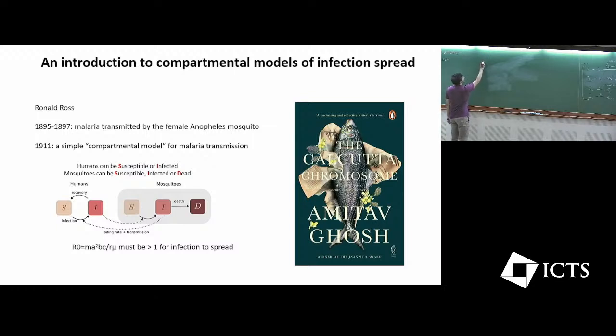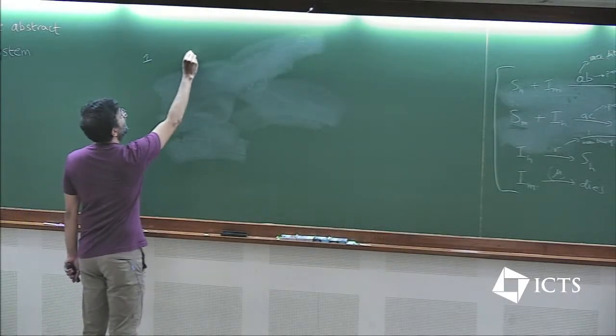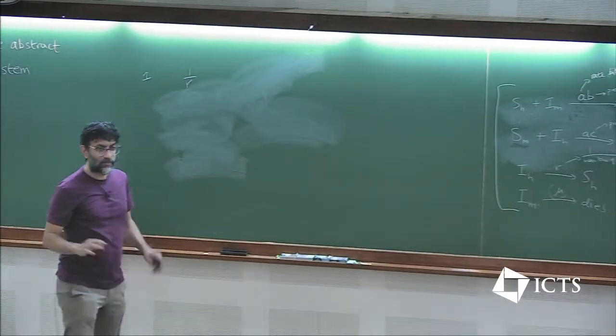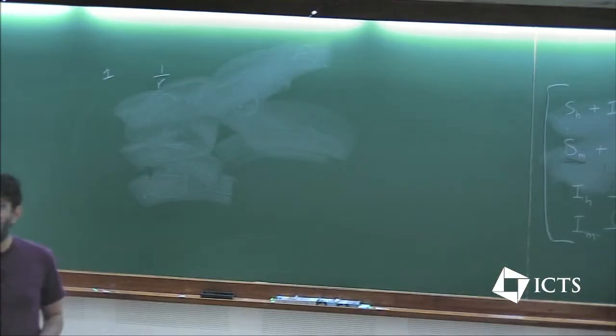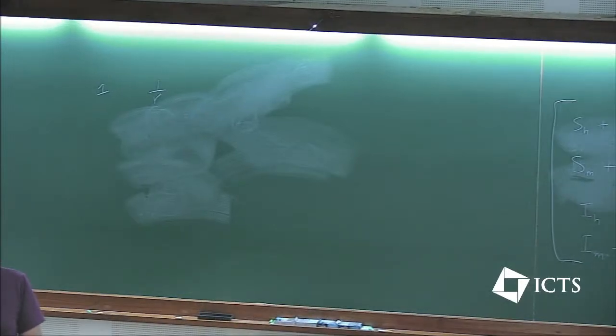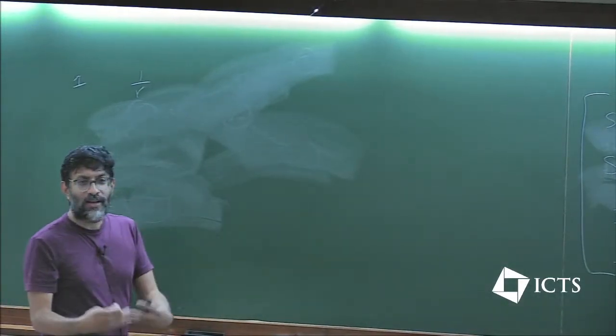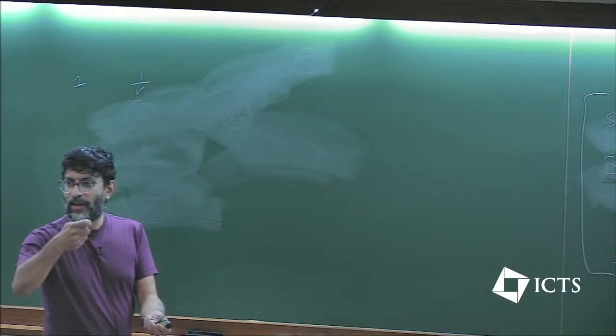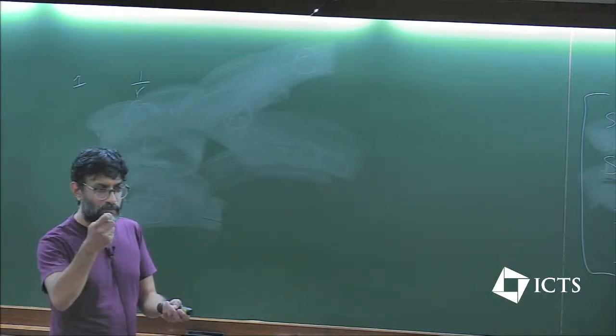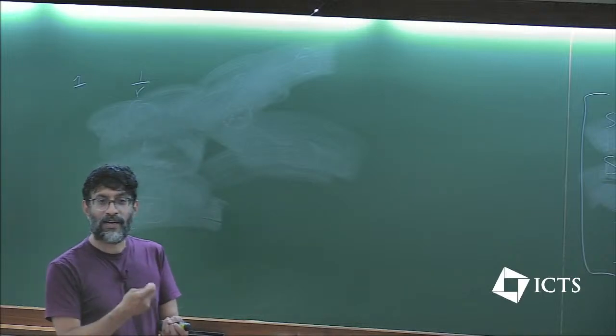So we have this one human that's infected. We know that they will spend about 1 over r time infected. In that time, the question is how many mosquitoes will they infect? Think about every mosquito that is going to bite. Per mosquito, there is a biting rate of a.